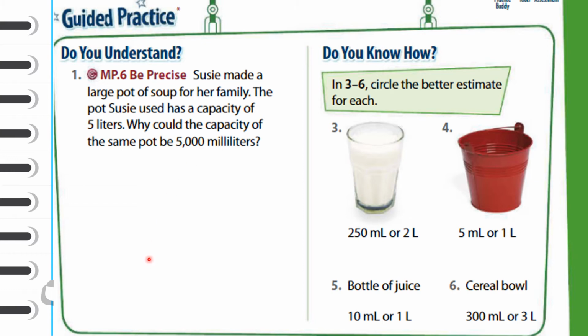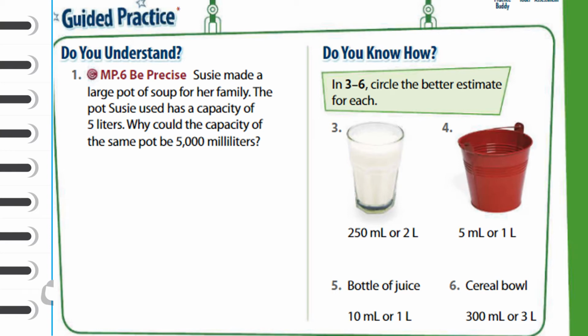So the question is that the pot Susie, the girl, used to make the soup has the capacity of 5 liters. So why is it correct that the same pot has the capacity of 5000 milliliters?